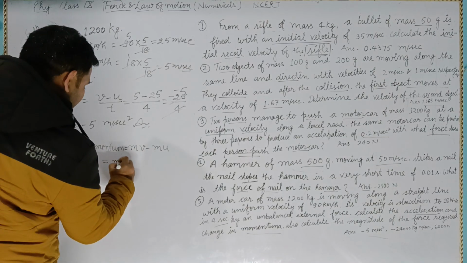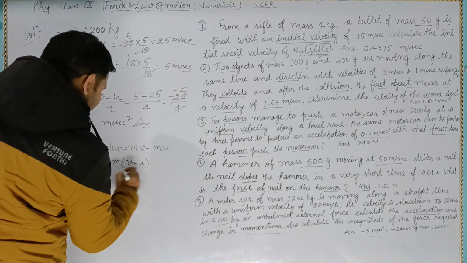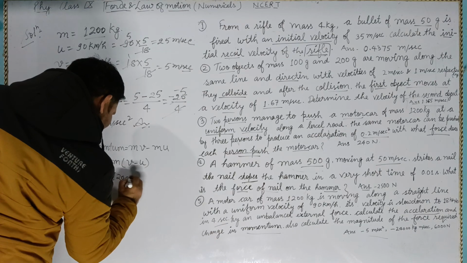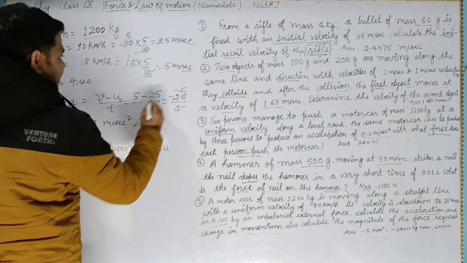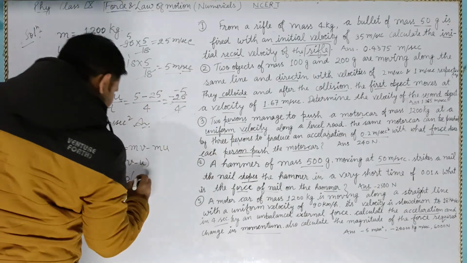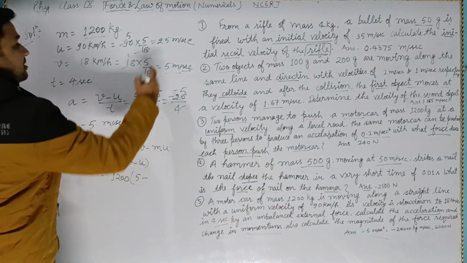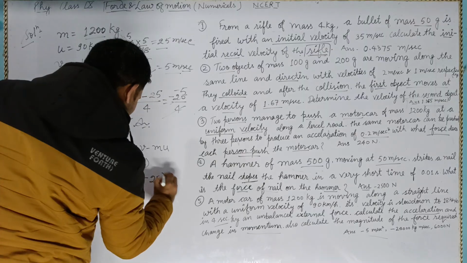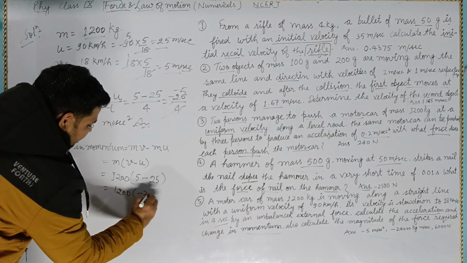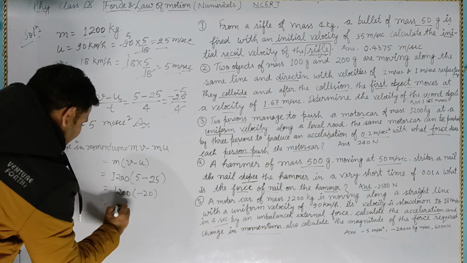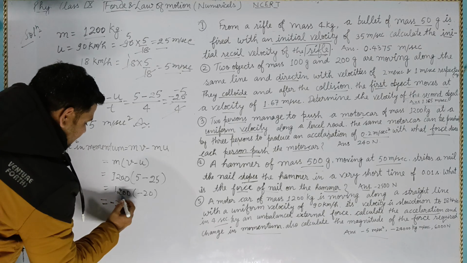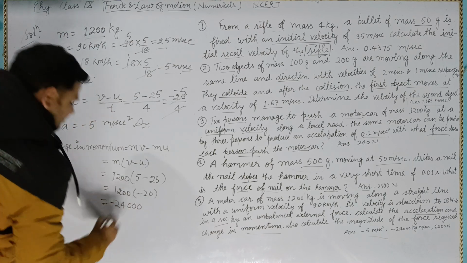Mass is common, so m into v minus u. Mass is 1200, and the final velocity is 5 meter per second minus the initial velocity 25 meter per second. So 1200 into minus 20, which is minus 24,000.